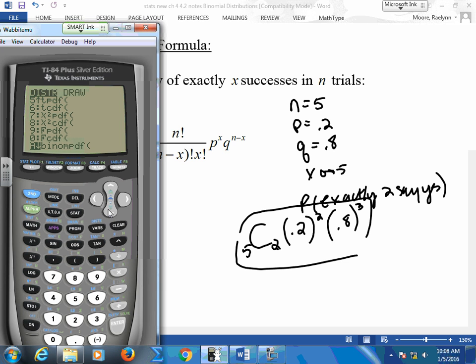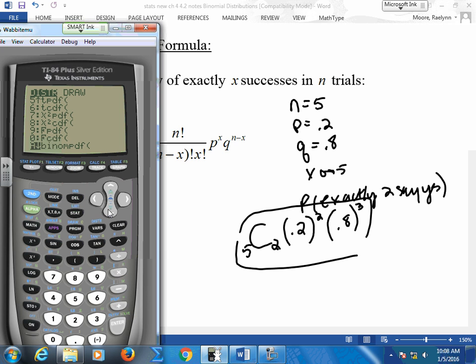Binomial probability distribution function. That's exactly what we're working on. We determined that this is a binomial probability distribution function. Probability distribution function because it has probability 0 to 1, and they all add up to 1. Binomial because there's 2 choices.